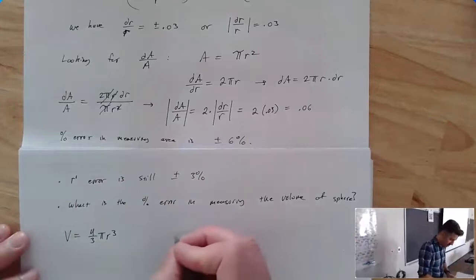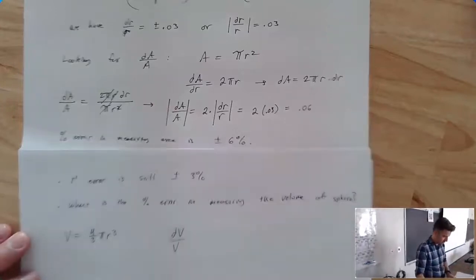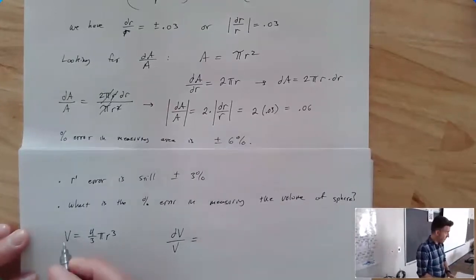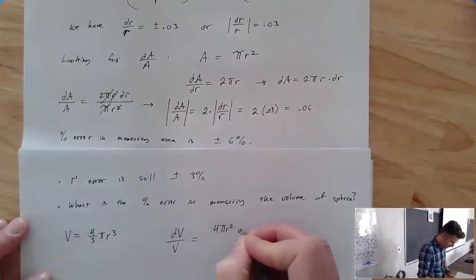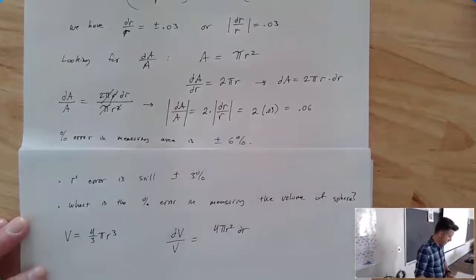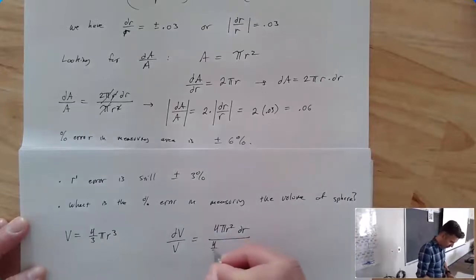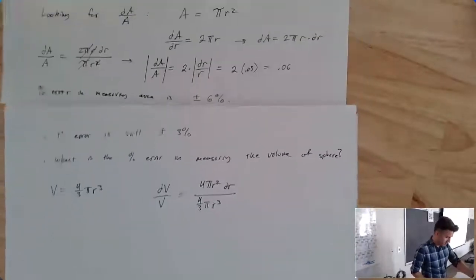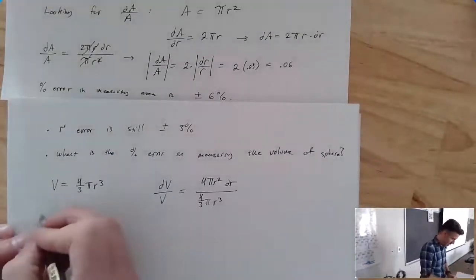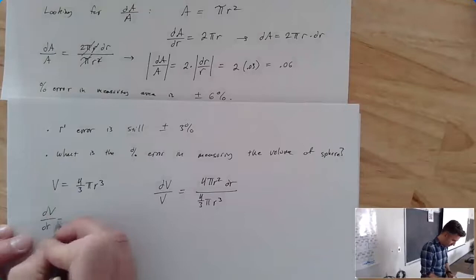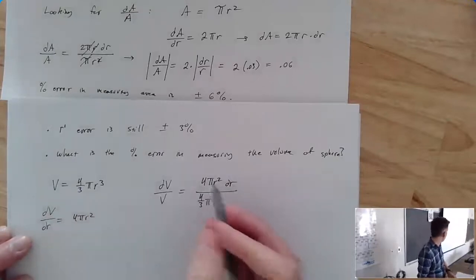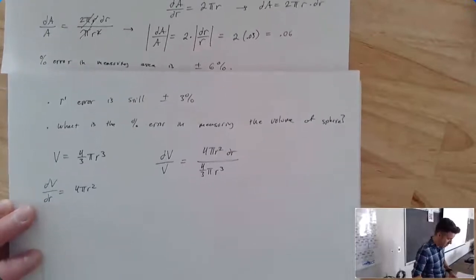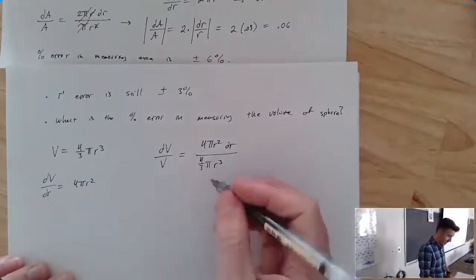So it's going to work out. Let's find dV over V, where dV is 4 pi r squared times dr, and the volume is 4/3 pi r cubed. The dV dr part is 4 pi r squared, so dV is 4 pi r squared times dr. Then things cancel in a nice way.